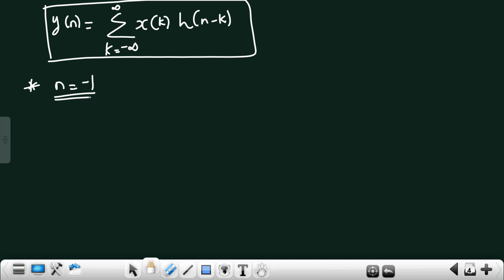Mohana Varshita, how will this equation become after putting n equal to -1? No response. Mohana Varshita. Nikhil Ja, tell me how this equation will become.